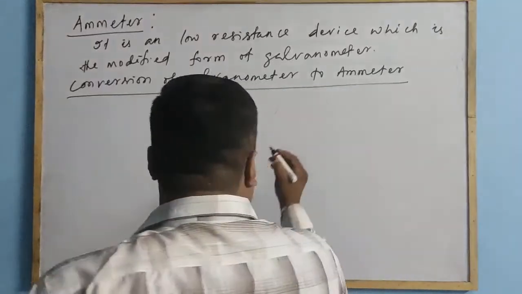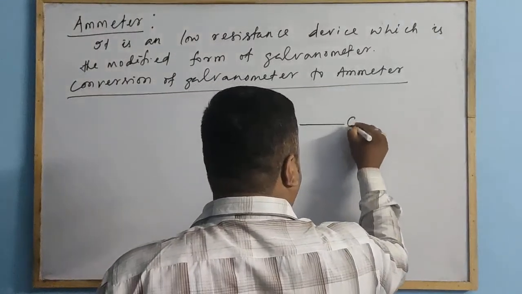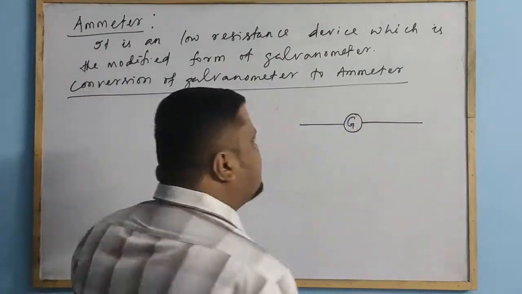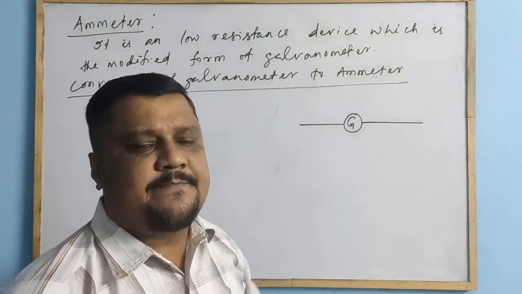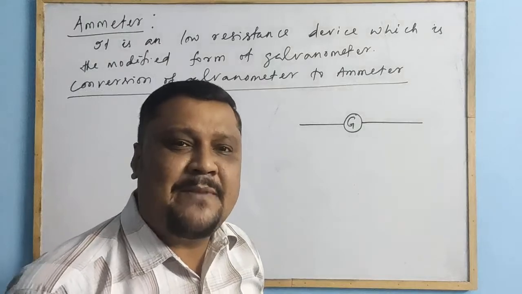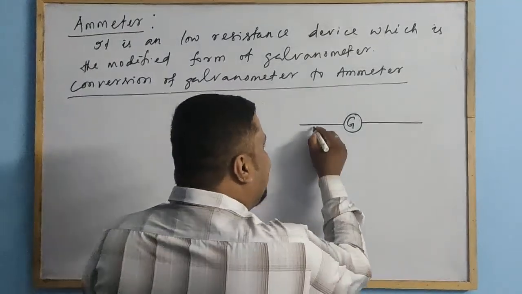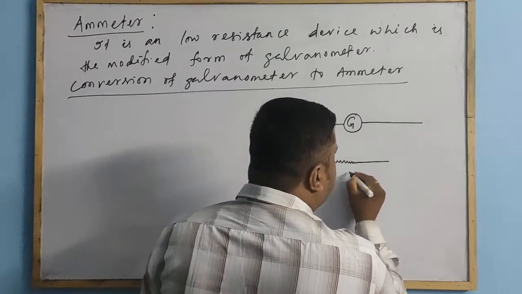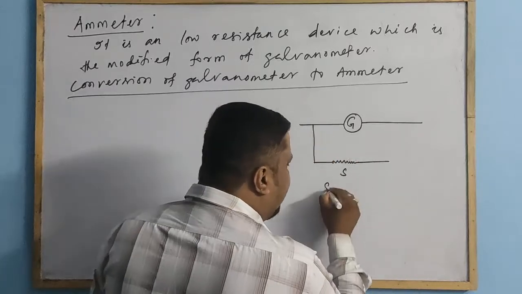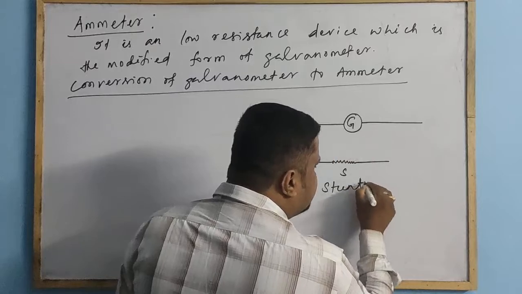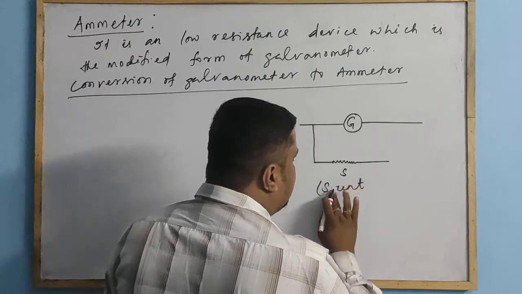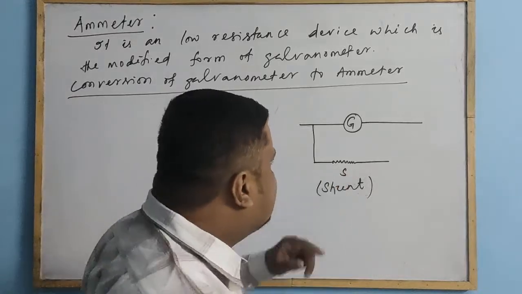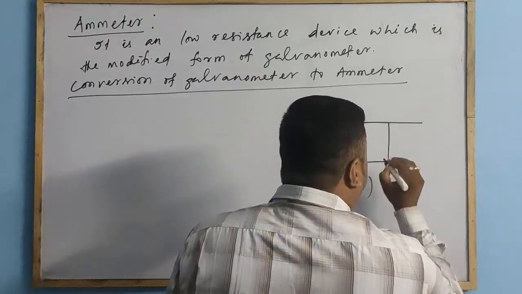So let us think that there is a galvanometer like this. This is the galvanometer, which is of high resistance. How can we convert the galvanometer to an ammeter? If I connect a low resistance S, that is also called the shunt resistance, S-H-U-N-T, shunt resistance, a low resistance parallel to the galvanometer.